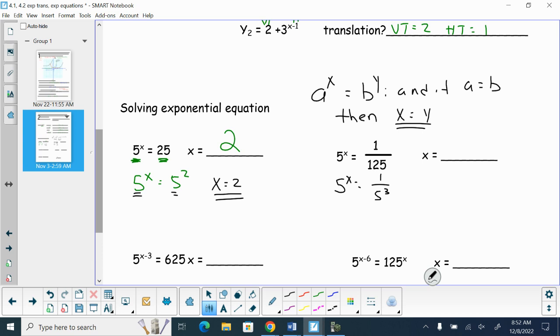Well, how can I take this up to here and get it out of the denominator? Now this is our knowledge of exponents. How can we rewrite 1 over 5 to the third so I just have 5 to some power?